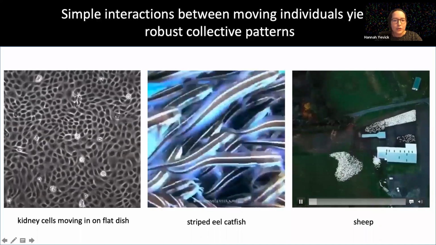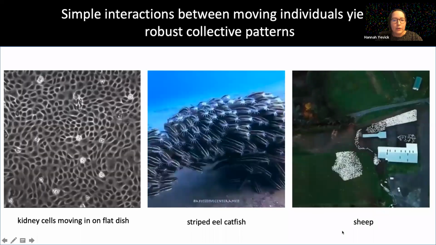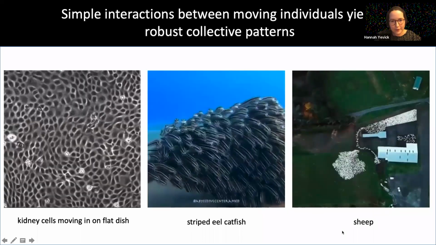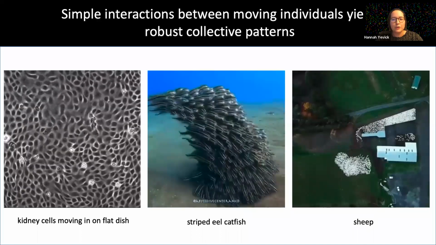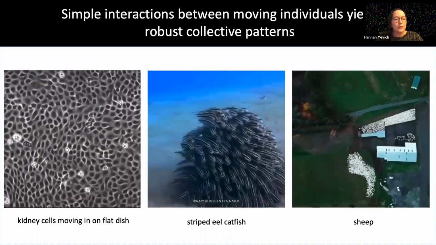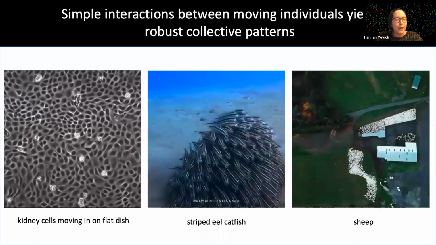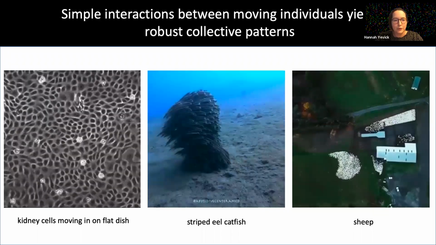By introducing simple interaction rules between units in your system, similar physics can explain how sheep flock or schools of fish swim together, or even, at completely different length scales, how collective patterns are formed inside tissues or groups of cells.